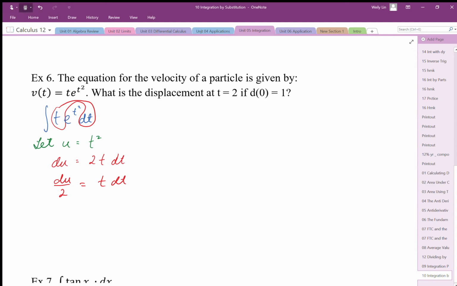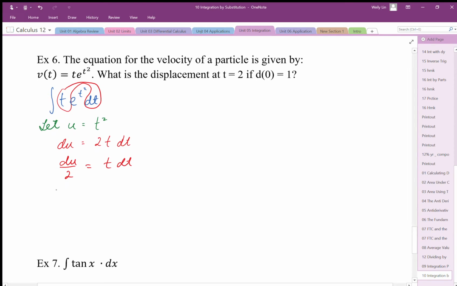So I'm going to rewrite this integral. It's going to be the integral of, I'm going to replace the t squared with a u. There's my u function, and I'm going to replace the outside t dt with a du over 2.